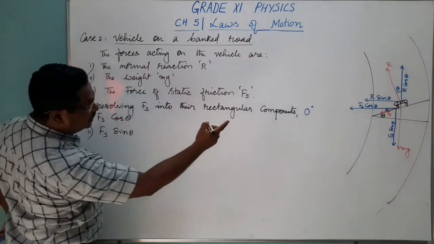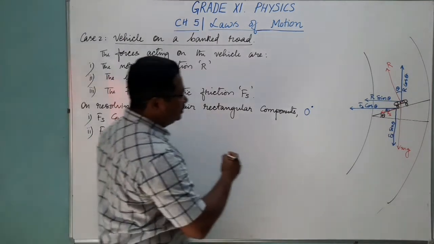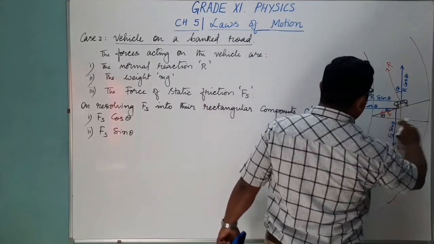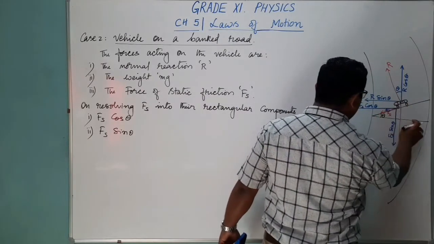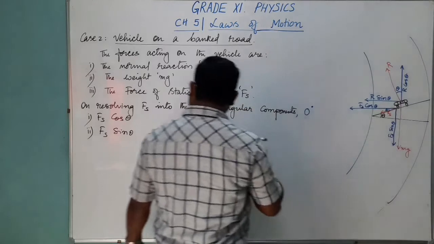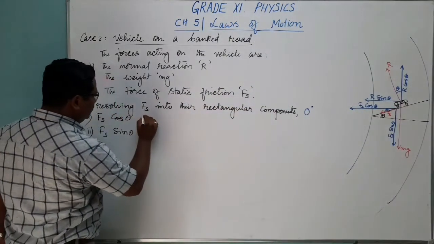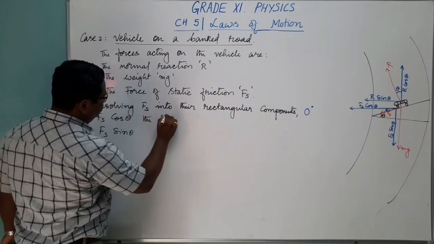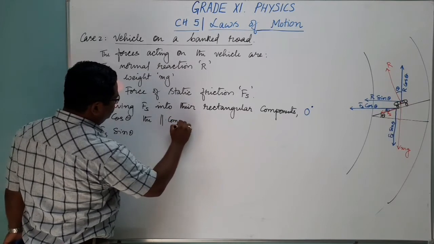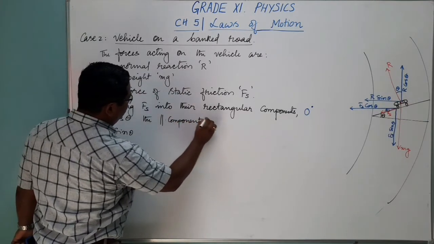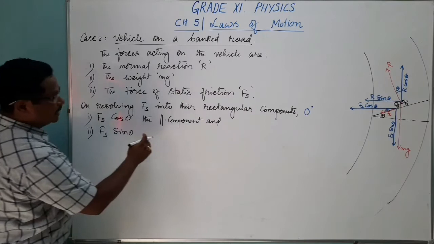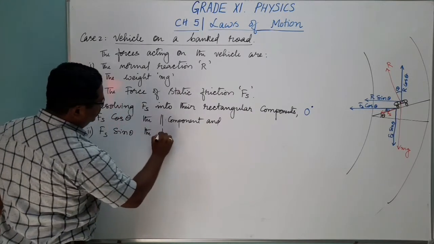Fs cos theta is the parallel component, parallel to the ground before banking, and Fs sin theta is the perpendicular component.